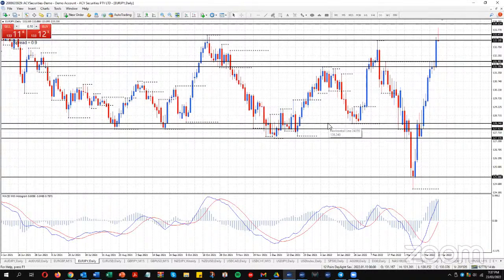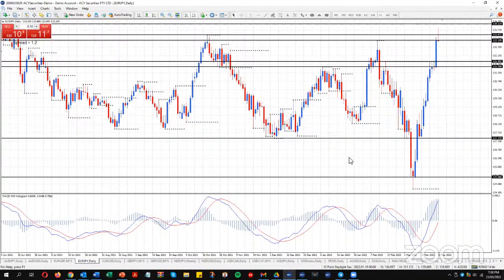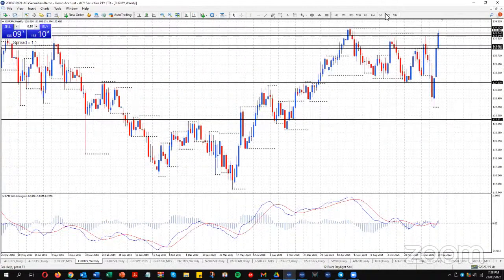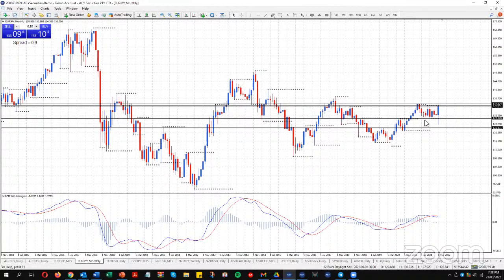I'm going to take some of these levels off, which you don't really need. So the monthly charts, I need to take a few more levels off. All right, still looks a bit busy, but I might take these bottom 2 off.